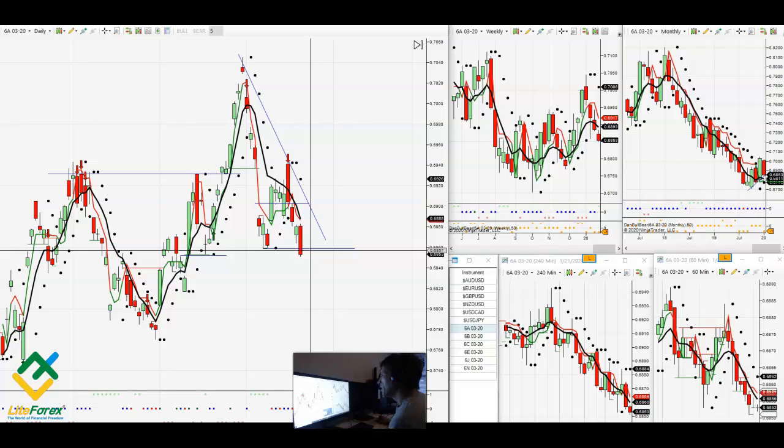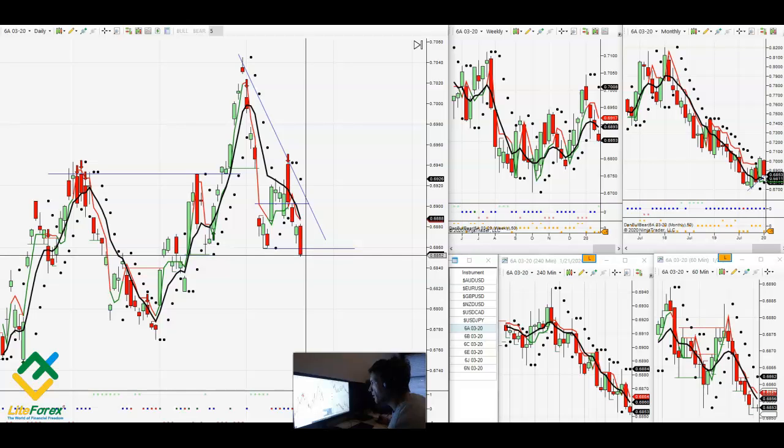So that's how you would play the Australian dollar. It's bearish, but it looks like we are getting some support at that price, so it could easily get a bounce for tomorrow. So look for that. That's exactly how I'd be playing that one.